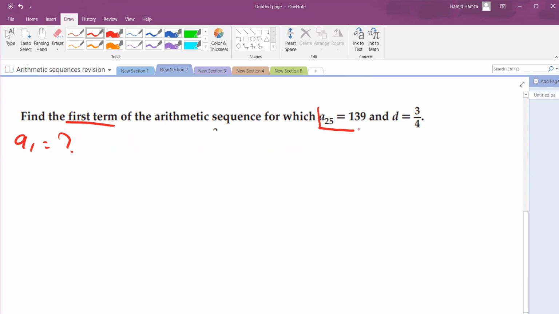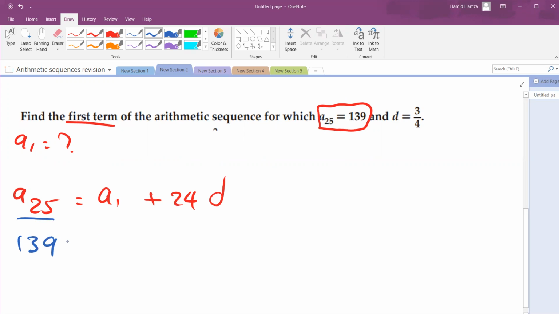We talked about A25 just now. A25 equals A1 plus 24D. That's right. Now we will substitute. A25 is 139, so replace this by 139.